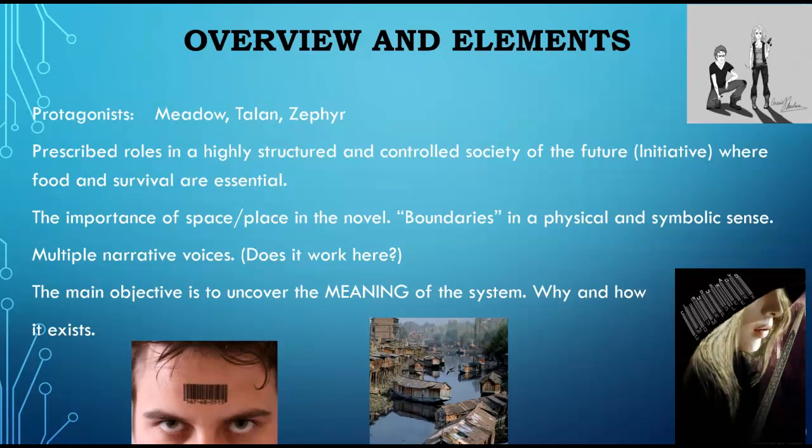Now, just like a previous novel we dealt with, The Mandibles, we have multiple narrative voices here. And so we have to ask, does it work, right? It's got pros and cons, doesn't it? It's got the pro of, hey, I get to hear different voices, and I get to know those characters through their own words a little bit more, and I get to see what their perspective is of the other individuals.